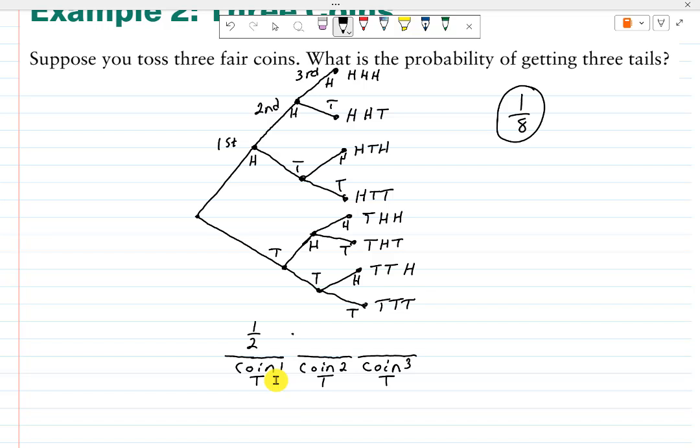If I want the second coin also to be tails, that has a 1/2 probability of occurring, and the same for coin number 3. And when you multiply these fractions, you multiply across. So 1 times 1 times 1 gives me 1, and then in the denominator, 2 times 2 times 2.